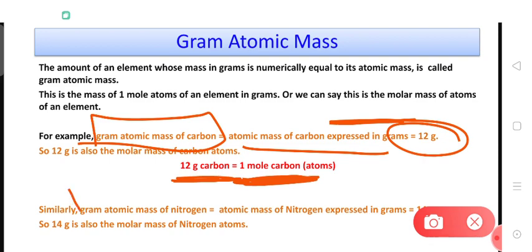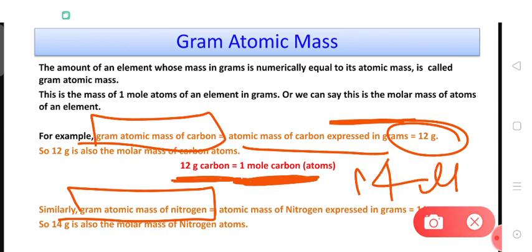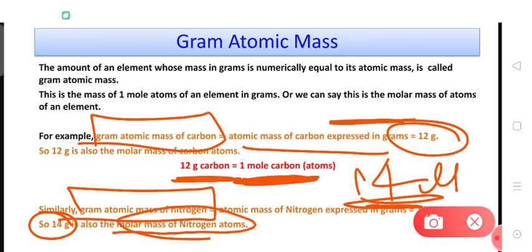In the same way, if we talk about the gram atomic mass of nitrogen, then the atomic mass of nitrogen is 14 U, right? So 14 gram becomes the gram atomic mass of nitrogen, or we can say the molar mass of nitrogen atoms is 14 gram.